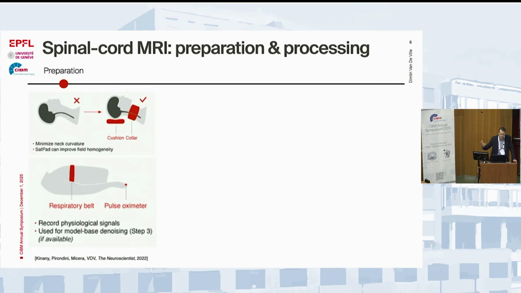You can use some pads for that, in particular set pads, which also decrease the susceptibility artifacts. Just as with the brain, it's a very good idea to record physiological signals, especially respiratory and cardiac, because they will turn out to be very useful in subsequent steps.